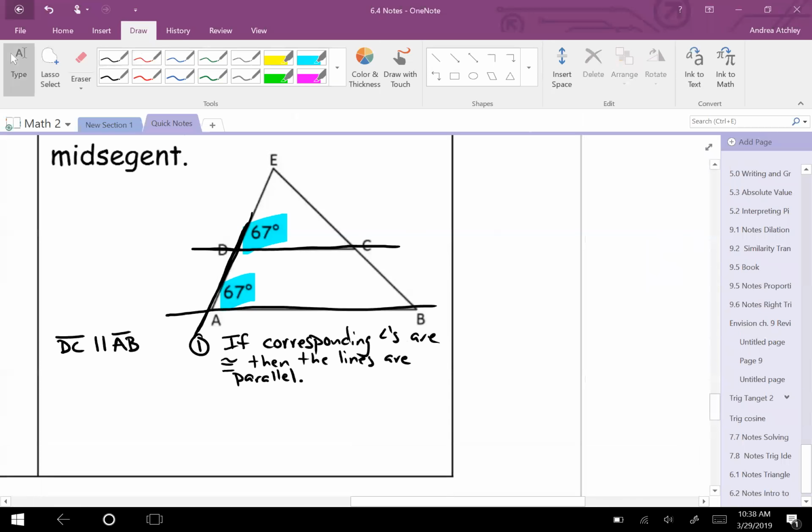DC is a midsegment of triangle AEB. And remember we just talked about this, because it's talking about the midsegment and the third side of the triangle, that's the midsegment theorem, not the definition of midsegment. The midsegment theorem.